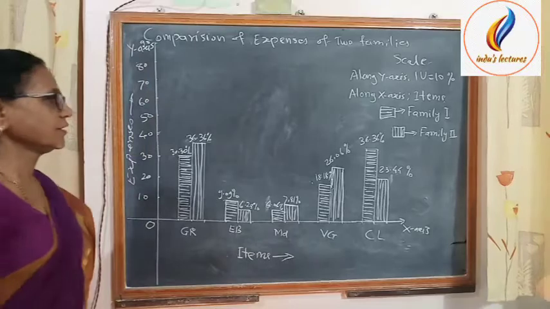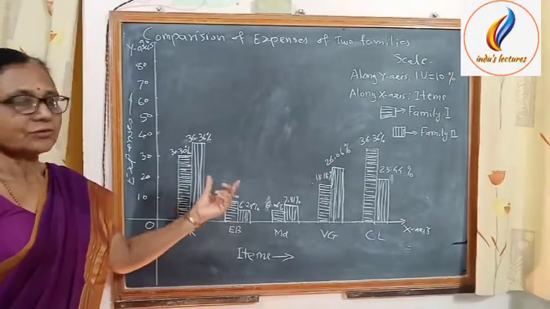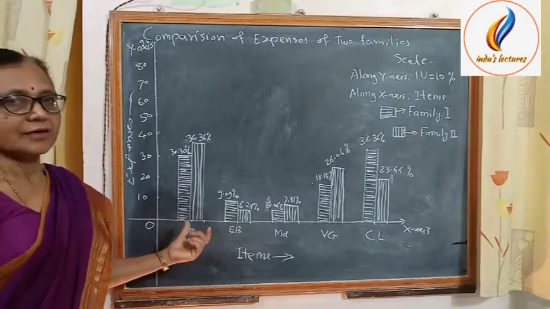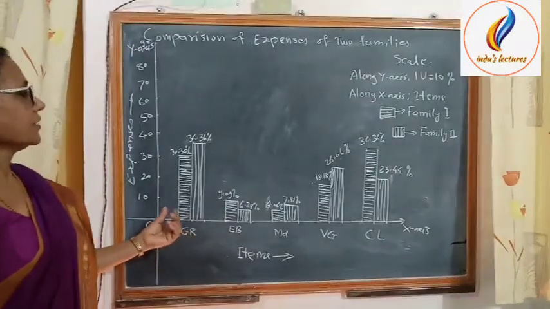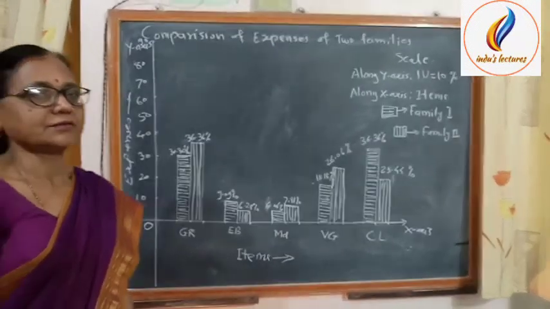In this way, in this part we have drawn the percentage bar graph. It is also a group bar graph. It is useful for the comparison of two groups. Now in the next part we will consider the deviation bar.